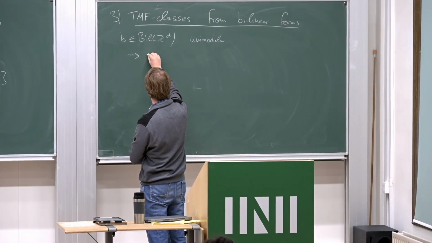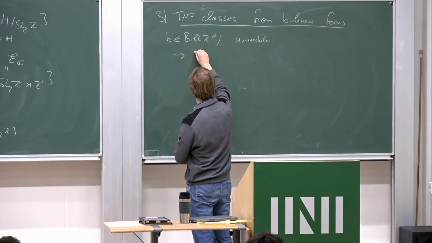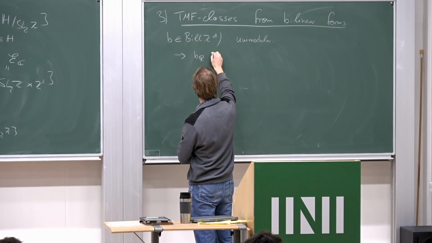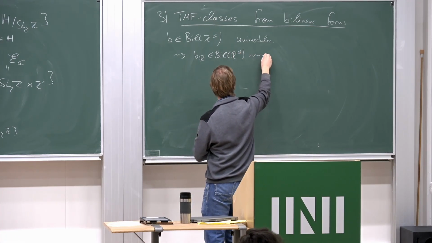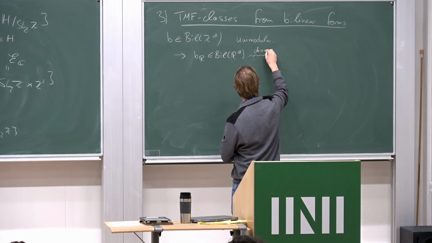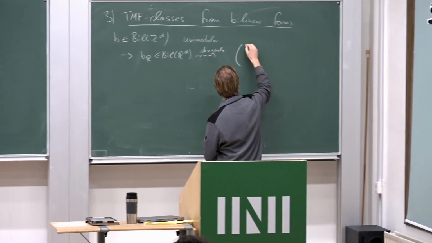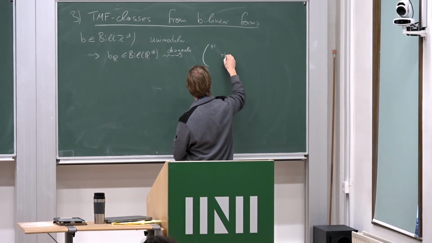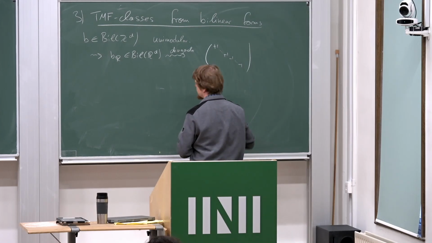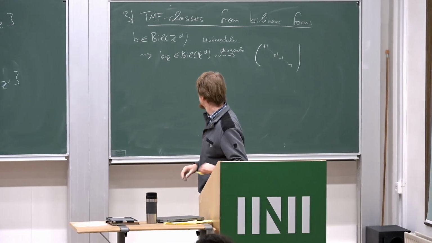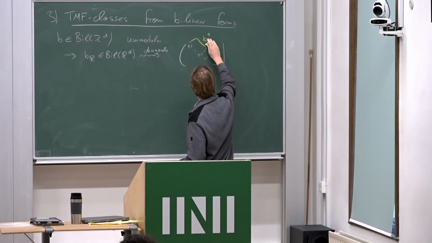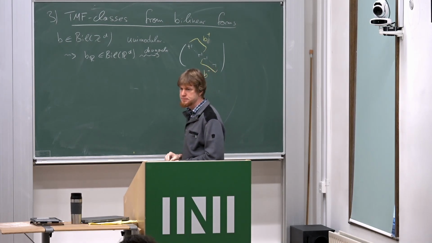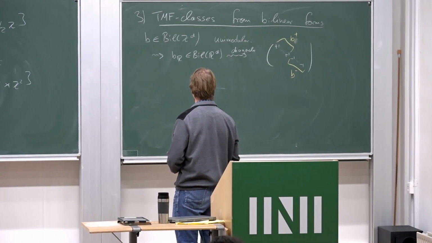So you get from it a bilinear form B_R on R^D, and we can diagonalize it to get plus ones and minus ones, and I call this number b_plus and this number b_minus.